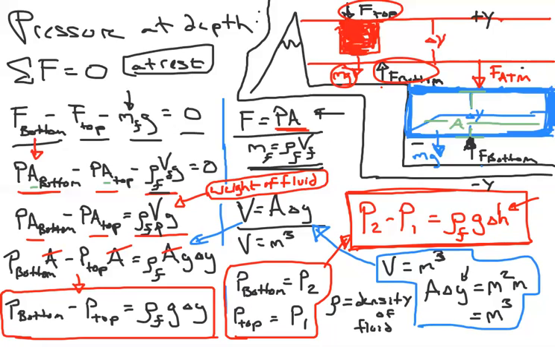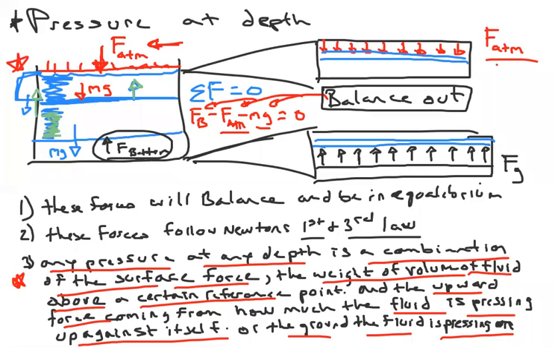As it pushed down, that force from the atmosphere was actually felt all through, not just on the top, but all the way through the fluid. The atmospheric force is felt throughout the fluid. It just is, in this static fluid.